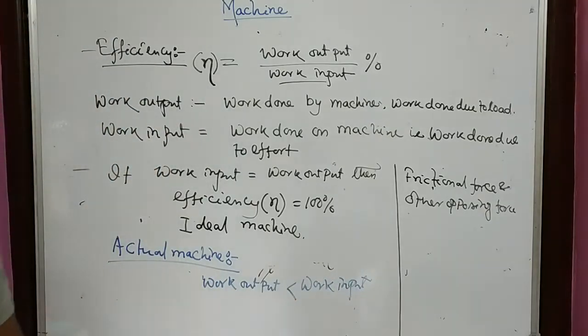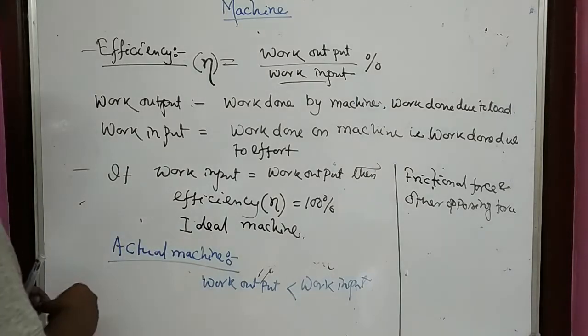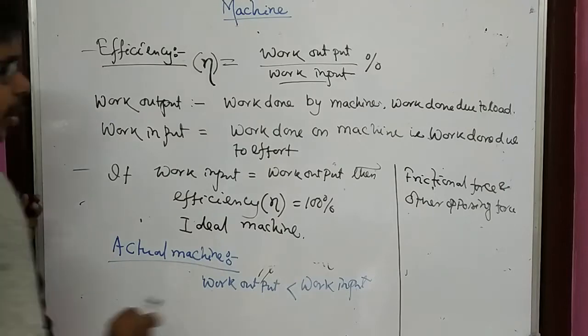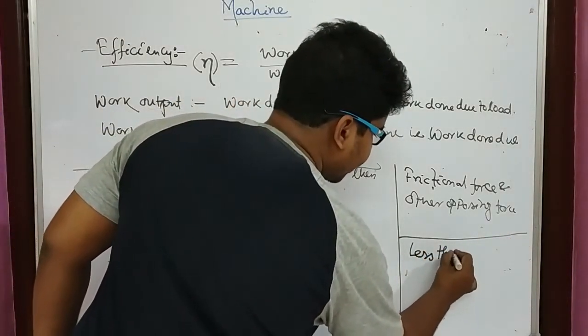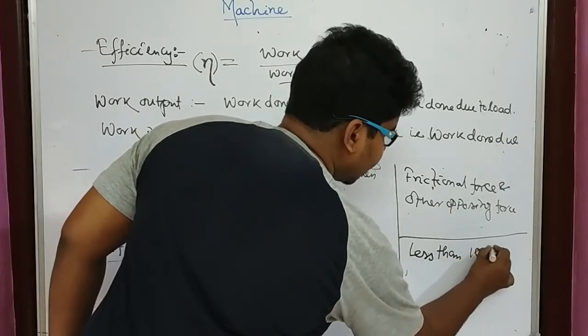That means however much work we have done on the machine, we will not get the same amount of work. That means efficiency should always be less than 100%.